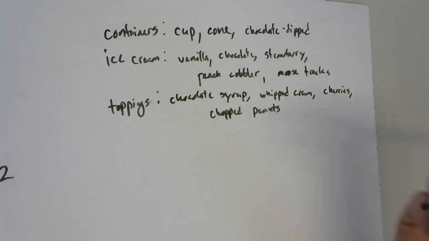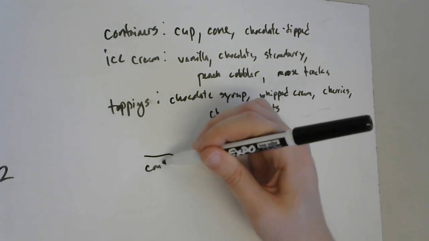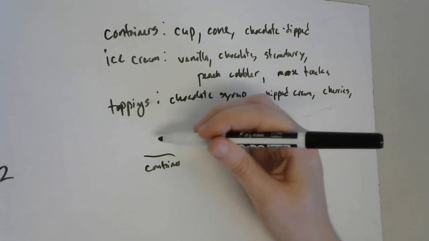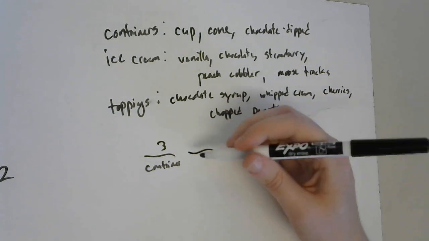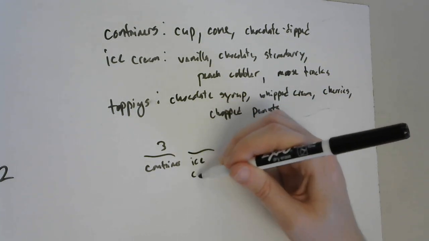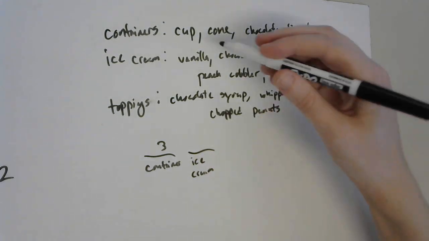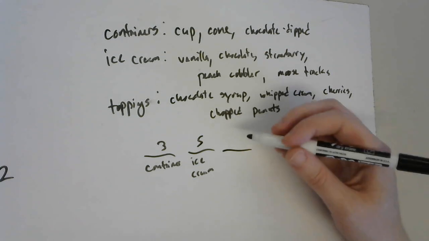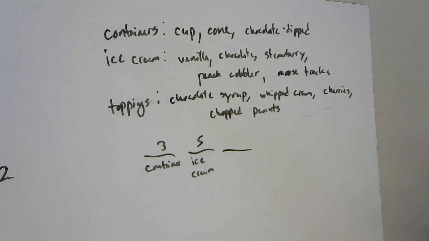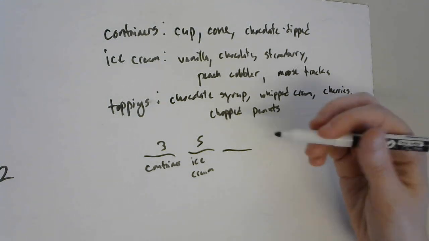We could say, well, okay, first we choose our container. We've got three different choices there. Next we choose our ice cream itself. We've got 1, 2, 3, 4, 5 choices there. Next we choose a topping. We'll say that each ice cream container topping pairs equally well.